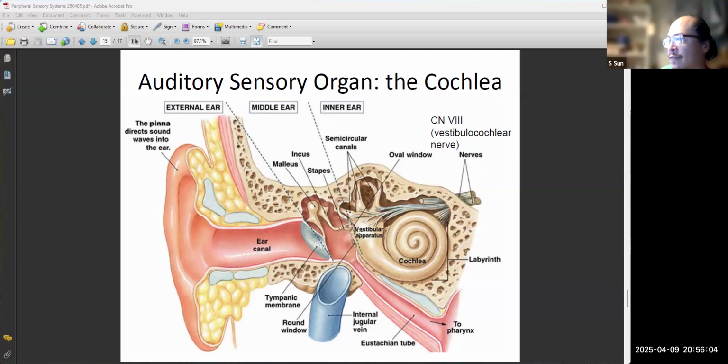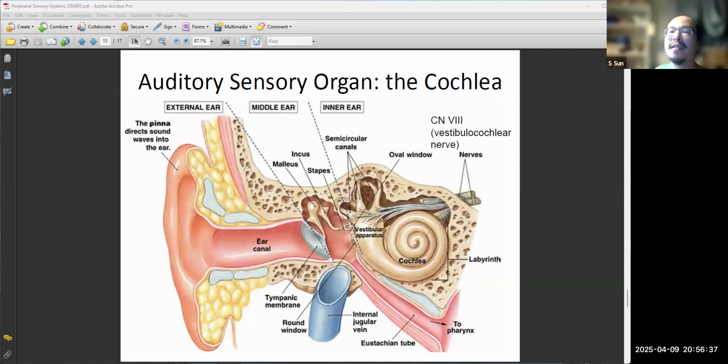So this structure is called the vestibular apparatus, and it includes this large portion as well as 3 semicircular canals. So these three are oriented at angles to each other. One is more vertical, one is more horizontal, the other one is more in the other direction, because we are living in a three-dimensional space.